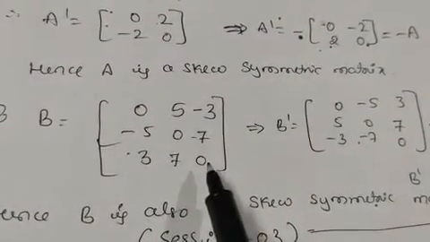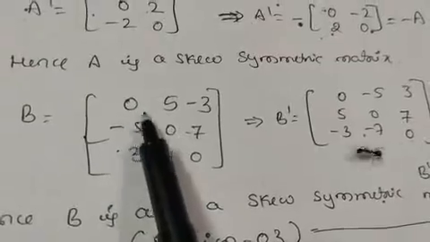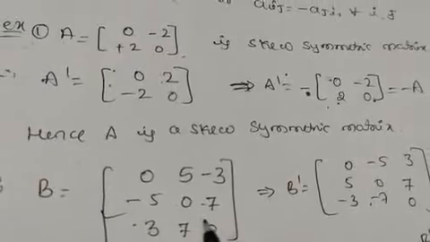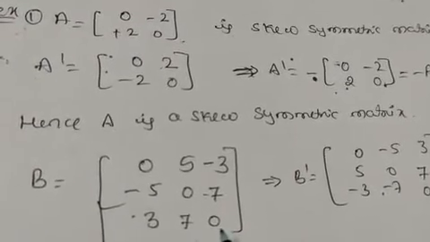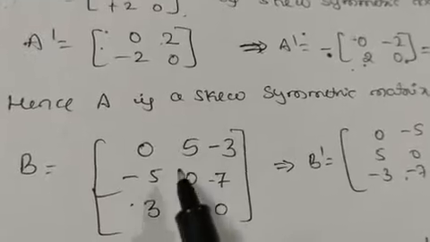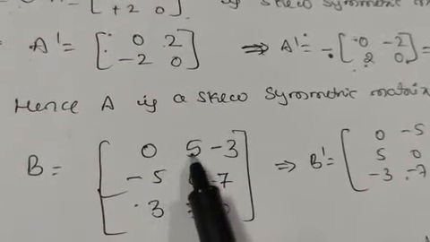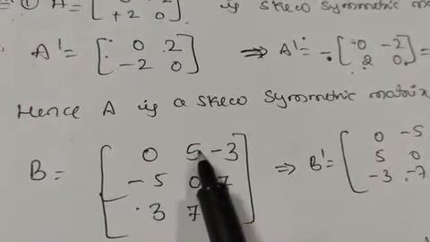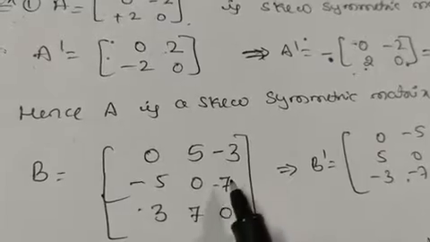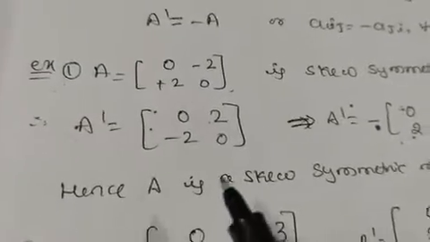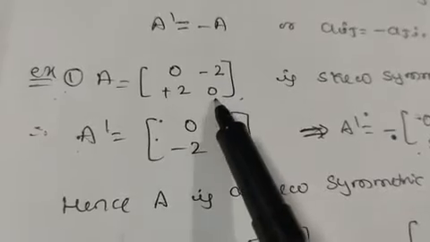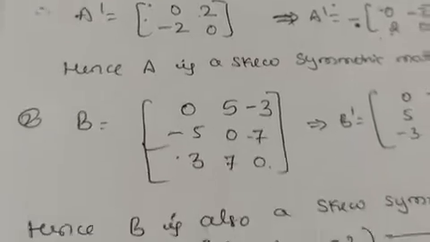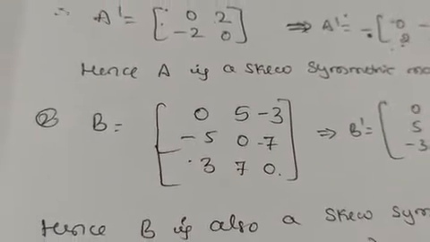Remember the first point: the diagonal elements must be equal to 0. Next, the two elements must be the same with opposite signs: 5 and minus 5, minus 3 and plus 3, minus 7 and 7. Like this it is. Here also the same thing: the diagonal elements are equal to 0, and this is minus 2 and this is plus 2. Like this we can identify the given matrix as a skew symmetric matrix.